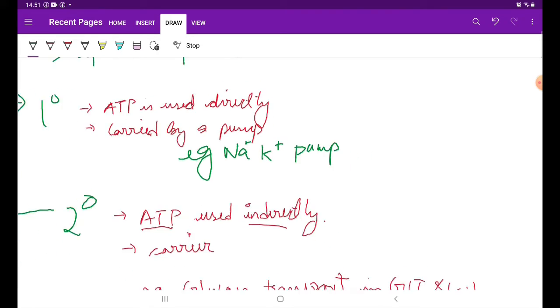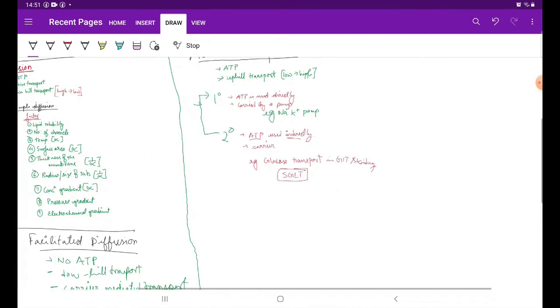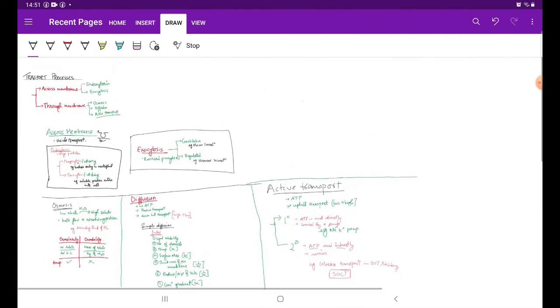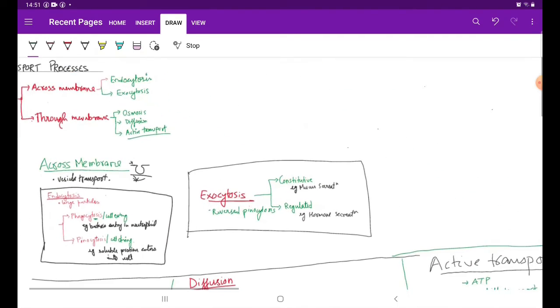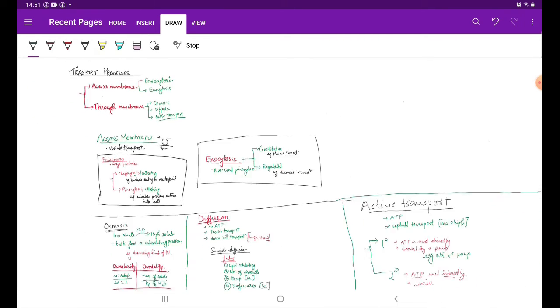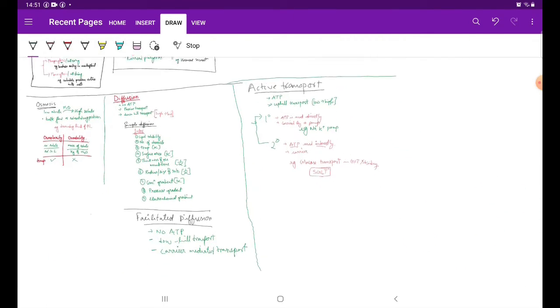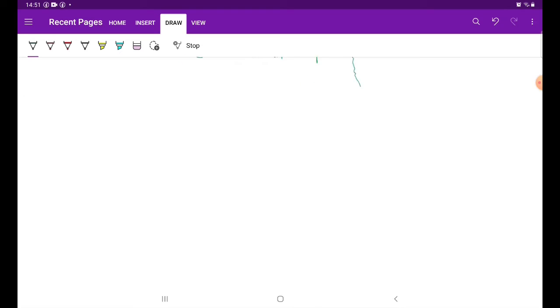So these were the things which you have to keep in mind when you think about transport processes. Okay, now there is this extra thing which you have to just note down. It's about the sodium potassium pump.